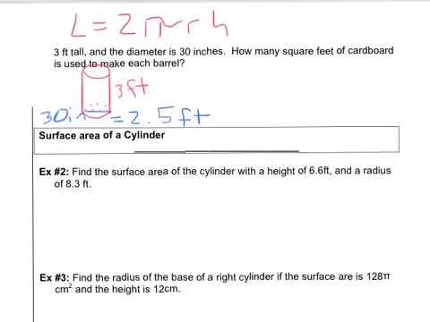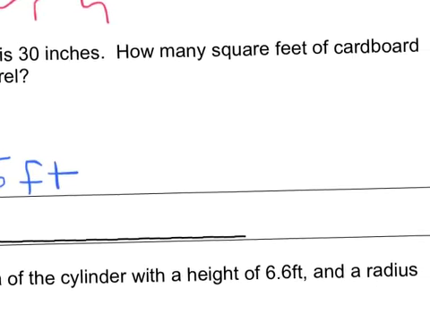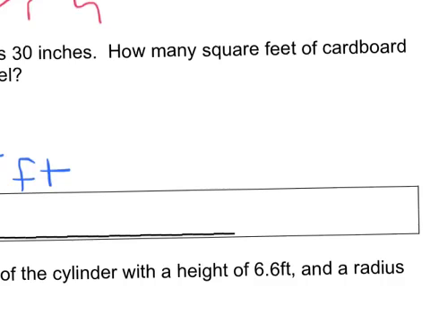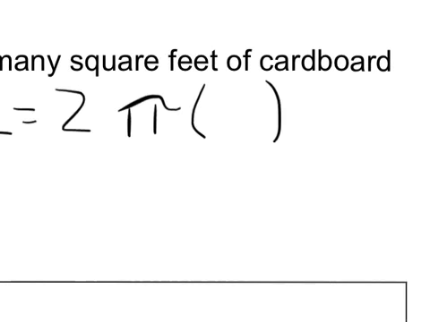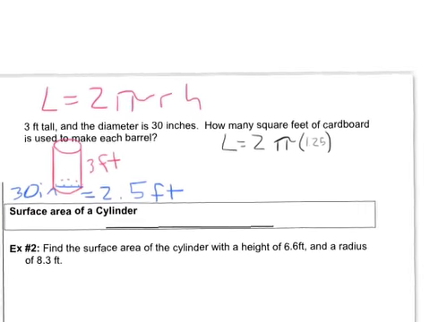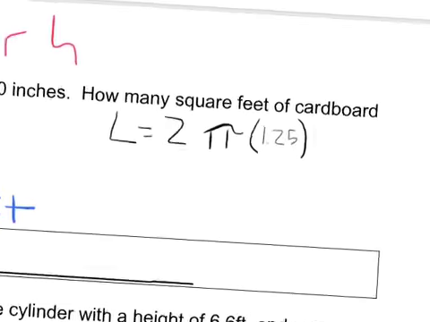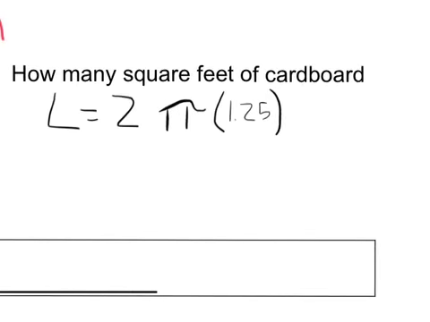Let me zoom in so I can write it all down. We know that the lateral area equals 2 times pi times the radius. They only told us that this was the diameter, so the radius is going to be half of that. Half of 2.5 is 1.25. And then times the height. The height is 3 feet, so 3.